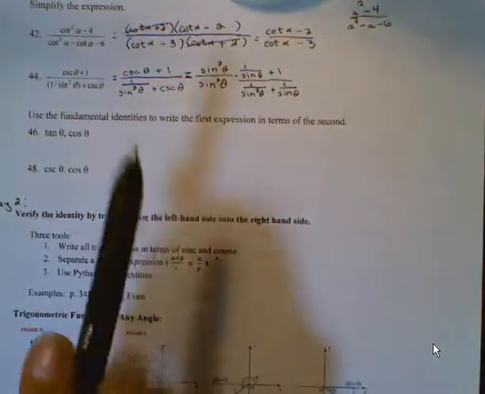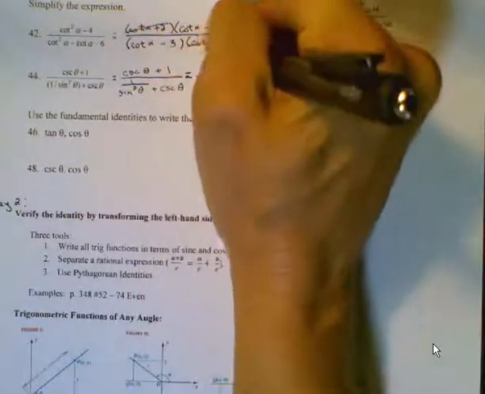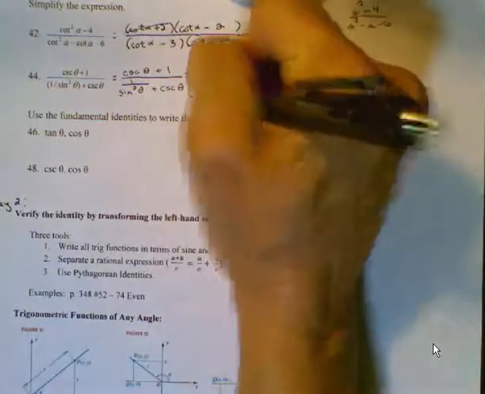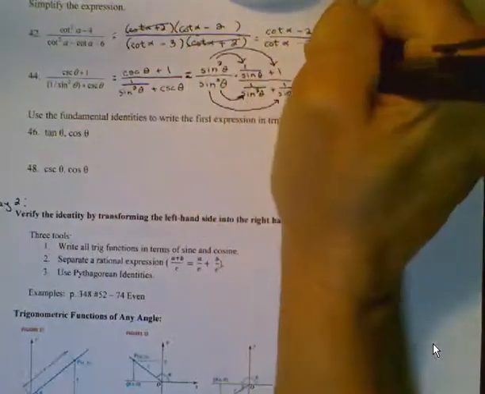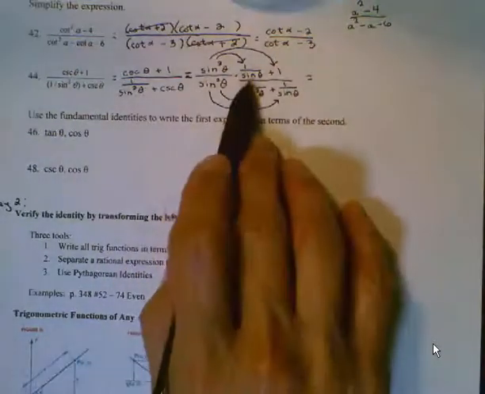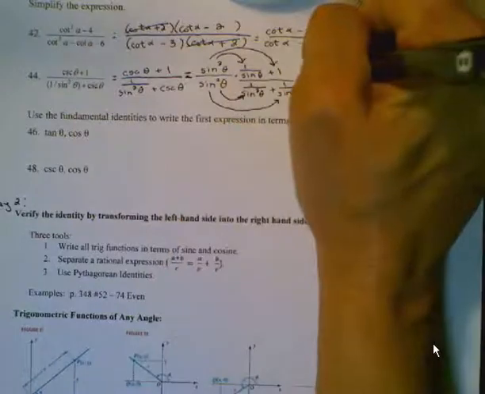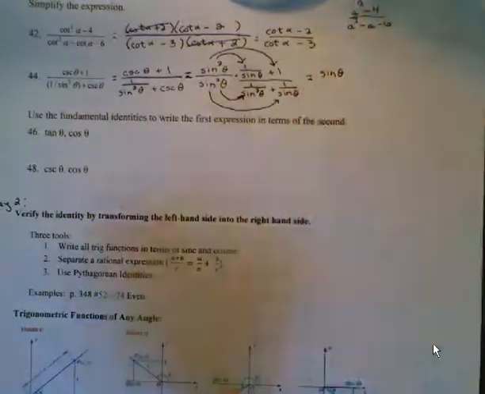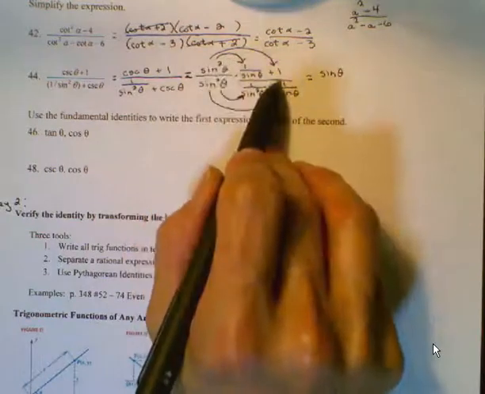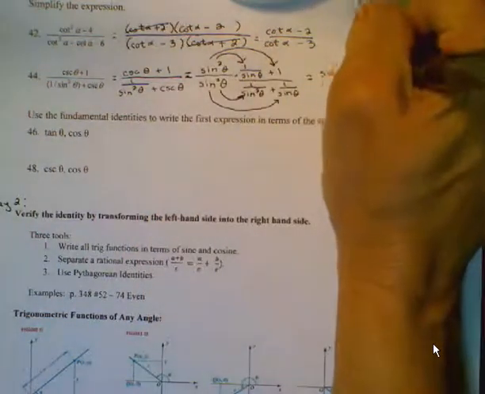I can still see that when I multiply sine squared by all 4 terms, the first term in the numerator would just leave me sine theta. The second term in the numerator would leave me sine squared theta.